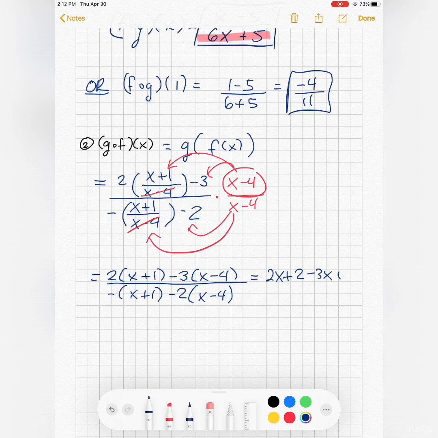Distribute. Okay, and then combine the like terms. So negative x plus 14, and then negative 3x plus 7.